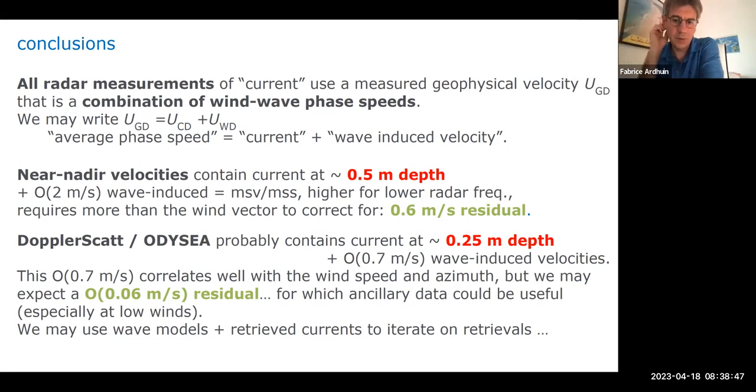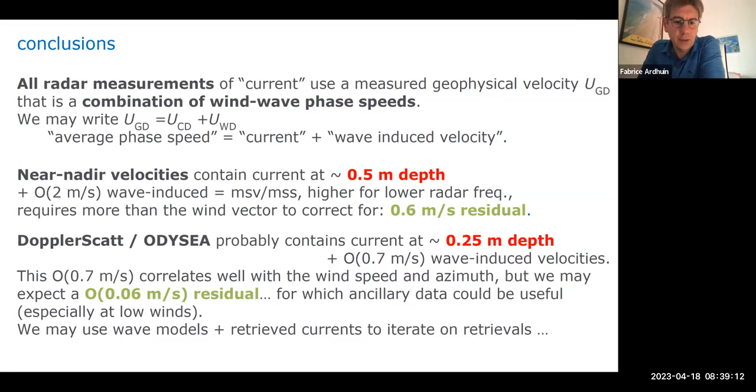So on average, it's going to be more correlated with a current that's half the depth of what we get at near-nadir, and maybe more interesting. Because you get this possible correlation with the Stokes drift, you can expect that it's not just the wind, but also the sea state that would be important. You may expect of the order of, let's say, 5-6 centimeters per second residual error if you only correct for the wind speed.